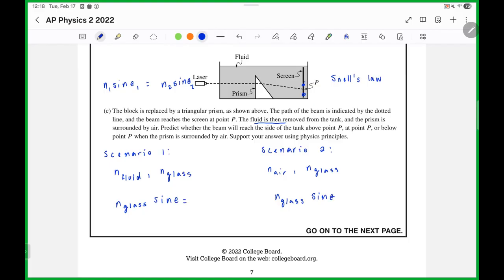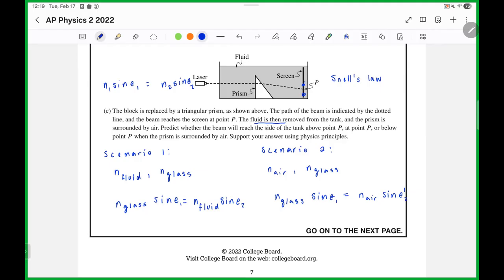And set this equal to, in scenario 1, n fluid sine theta 2. And in scenario 2, we have n air sine theta 2, and we'll call it theta 2 prime, since we're interested in our new scenario.